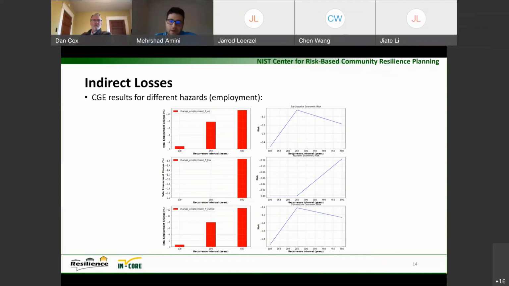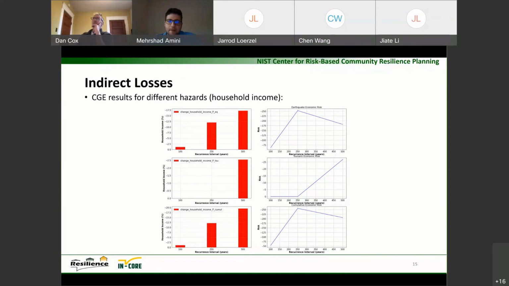We can develop the same information for domestic supply or tax or household income, which I haven't presented here for the sake of time. Then another example, for household income, is the same situation: the household income percentage for earthquake, tsunami, and combined and associated risk curves with the maximum risk and the values change correspondingly.